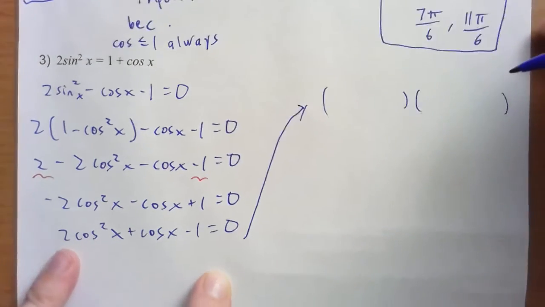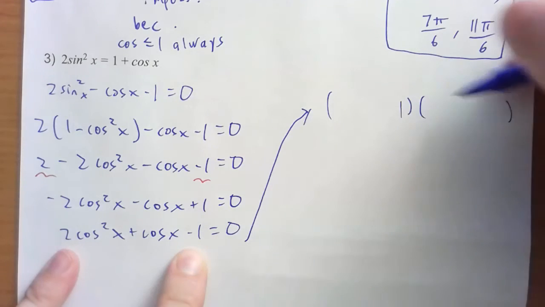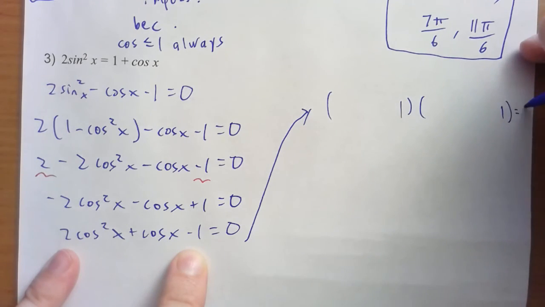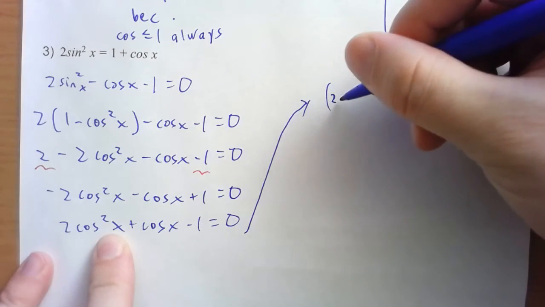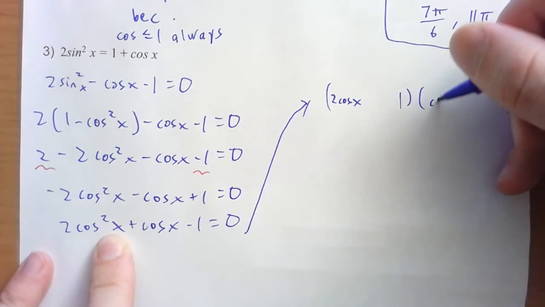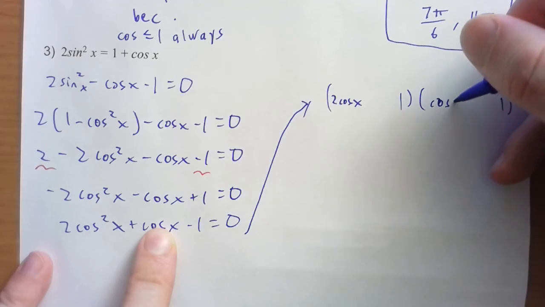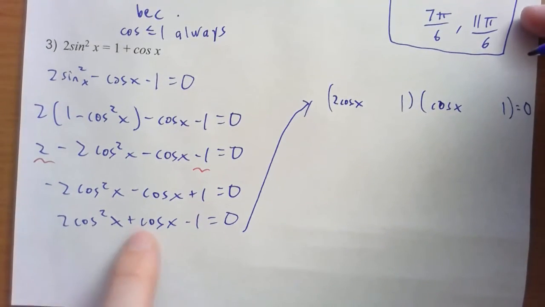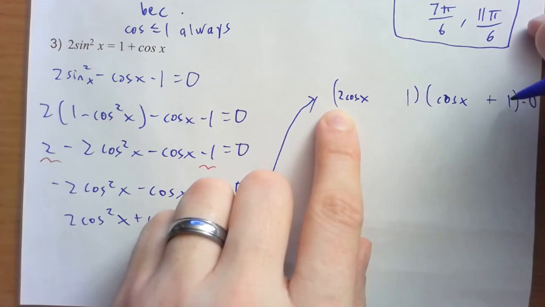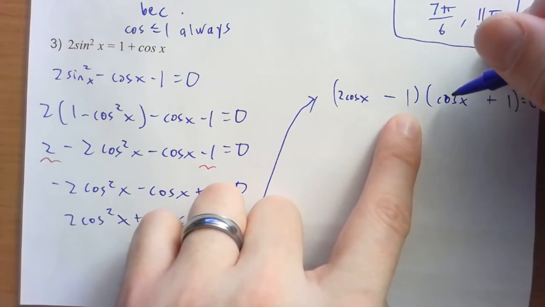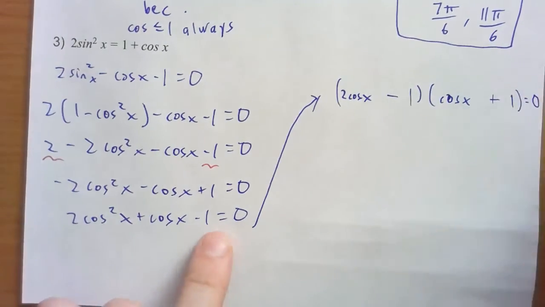If you want to factor that right now, well, to get 1, you need 1 and 1. It's still going to equal 0 over here. And then you would say to get 2 cosine squared, I need 2 cosine x and cosine x. And then to get a positive cosine x, I would want plus 2 cosine x and minus cosine x. So you could just factor it as is.